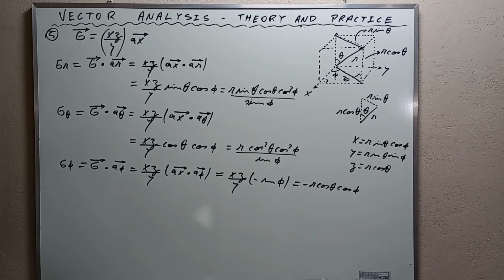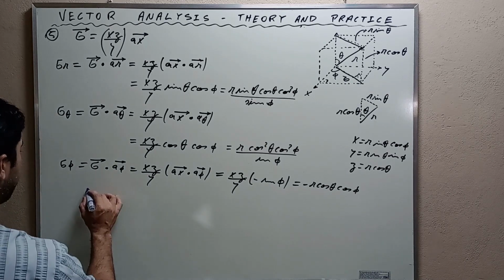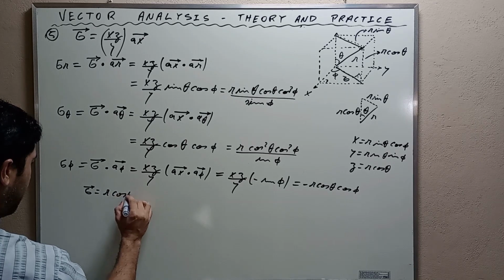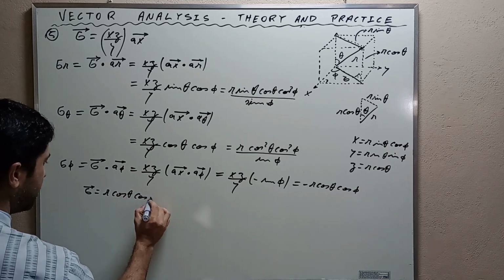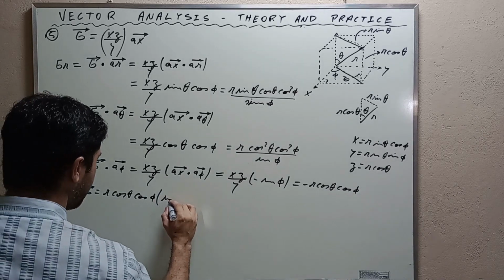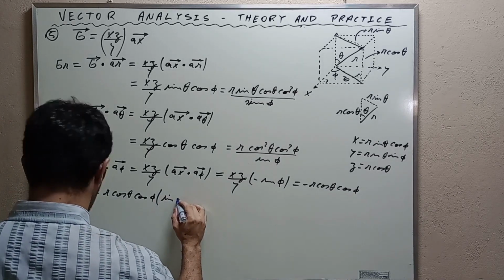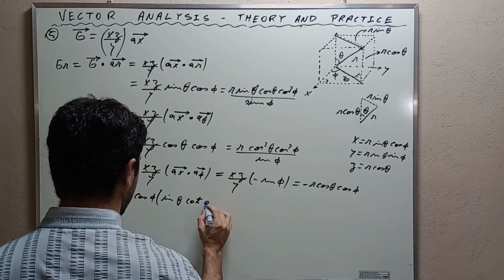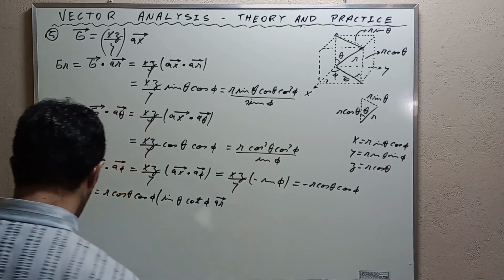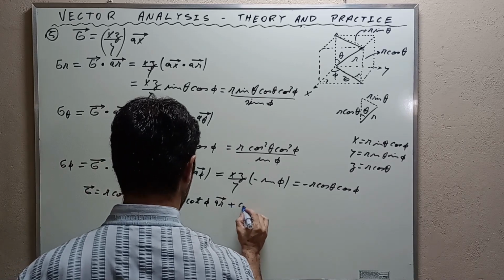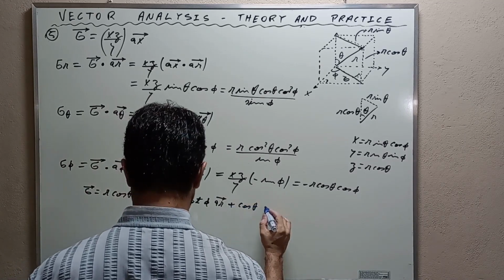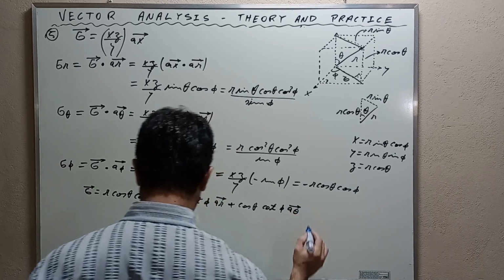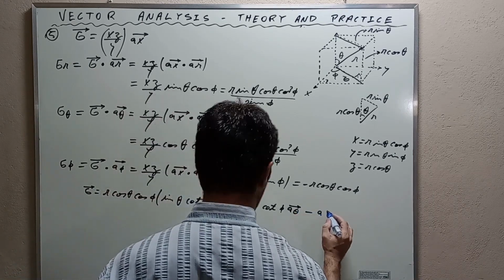And collecting the results, we ultimately find that G is equal to r times the cosine of theta times the cosine of phi over sine theta cotangent phi in the AR direction plus cosine theta cotangent phi in the A theta direction minus A phi.